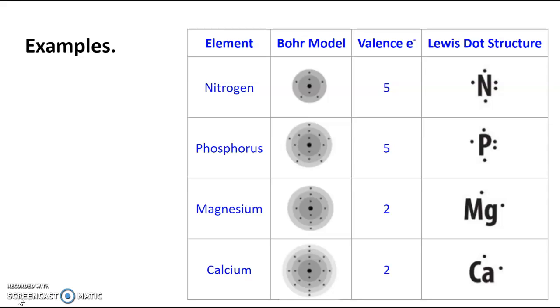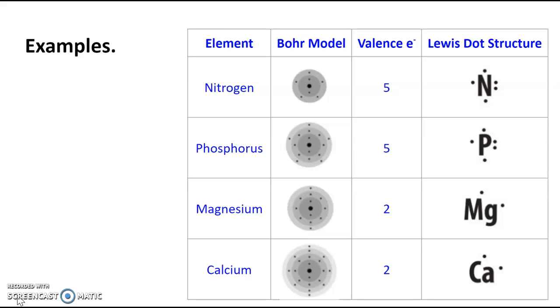Phosphorus also has 5 valence electrons, even though it's much bigger than nitrogen. And so you draw its Lewis dot structure almost exactly like nitrogen's, except you sub out the atomic symbol for nitrogen and replace it with phosphorus. Magnesium only has 2 valence electrons, and so we would just draw those 2 dots next to the magnesium.